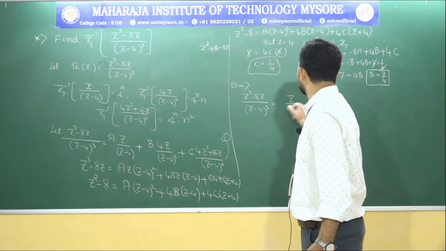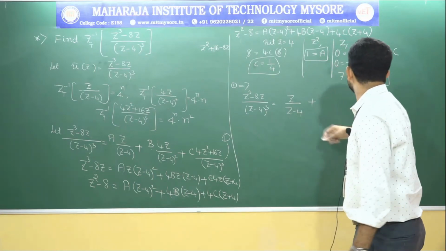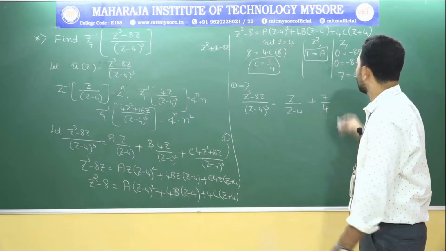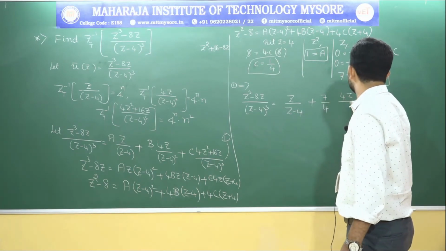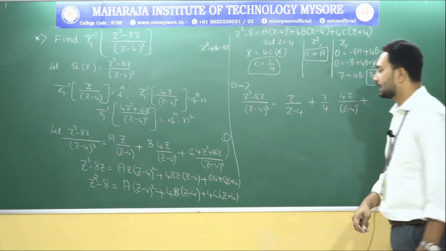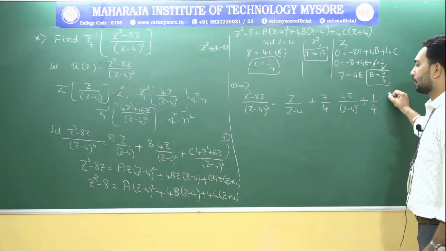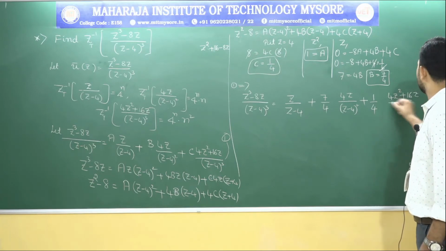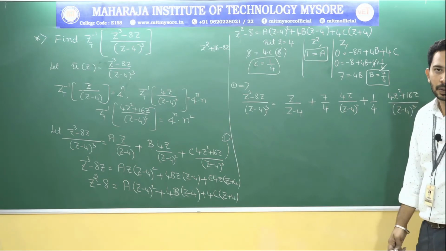So we will get z divided by (z minus 4) plus b, which is 7 by 4, into 4z divided by (z minus 4) whole square. Next, plus c, 1 by 4, into (4z square plus 16z) divided by (z minus 4) whole cube.